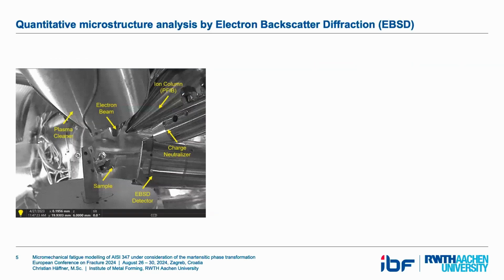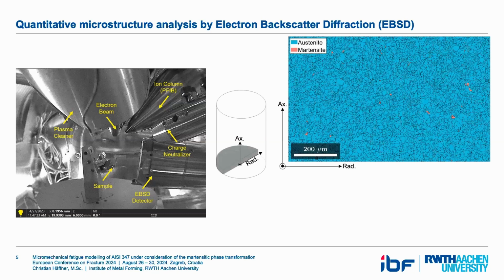So for this micromechanical fatigue modeling part, we need two parts, micromechanical modeling and a microstructure model. For the microstructure model, we go into EBSD. We make EBSD measurements in SEM. This is actually the round bar I have, and we cut it appropriately. And here you can see a relatively huge EBSD image and a phase map.